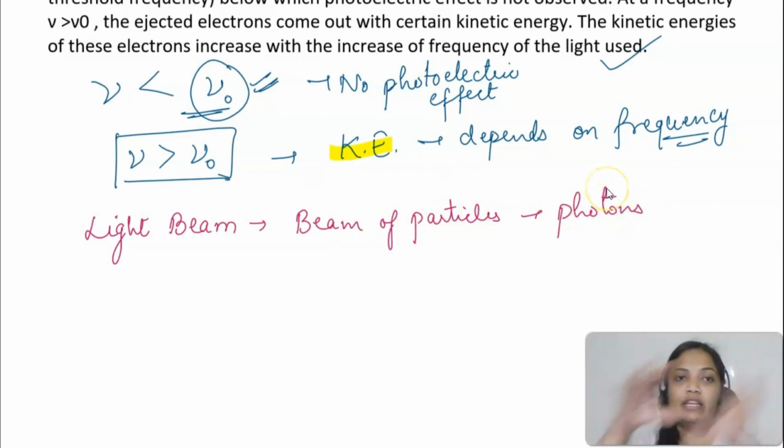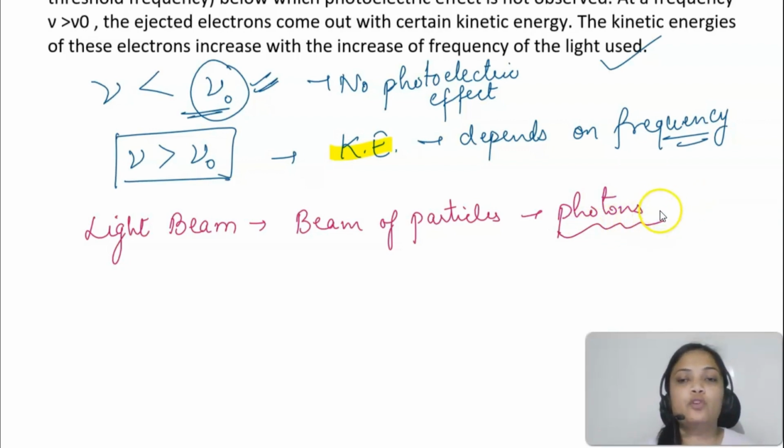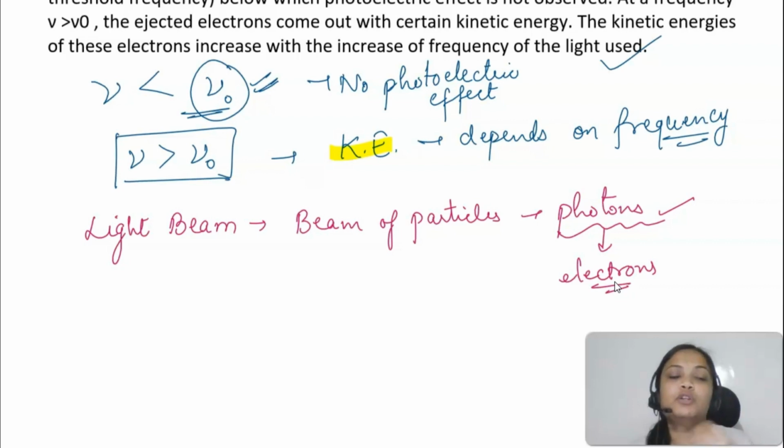It's not a continuous light beam. It's like packets of particles, the photons, striking the metal surface. So when photons of enough energy strike the metal surface, they transfer their energy to the electrons, and the electrons get ejected as soon as the photon strikes the metal surface. That's why there is no time lag.